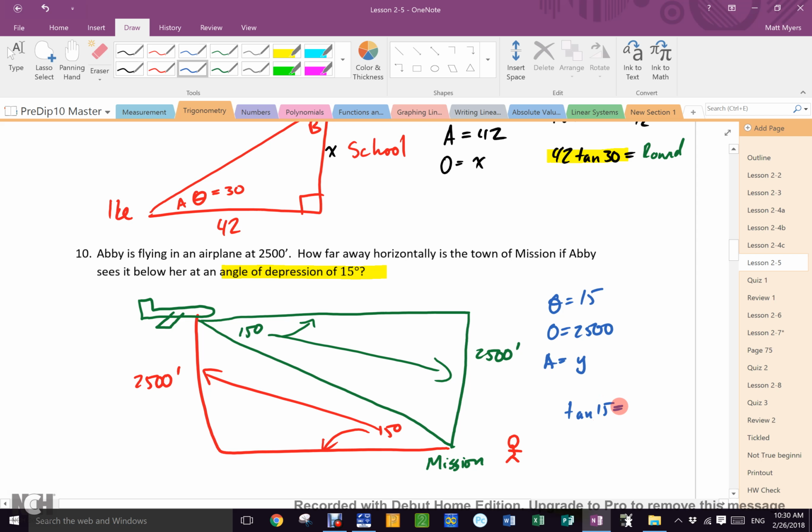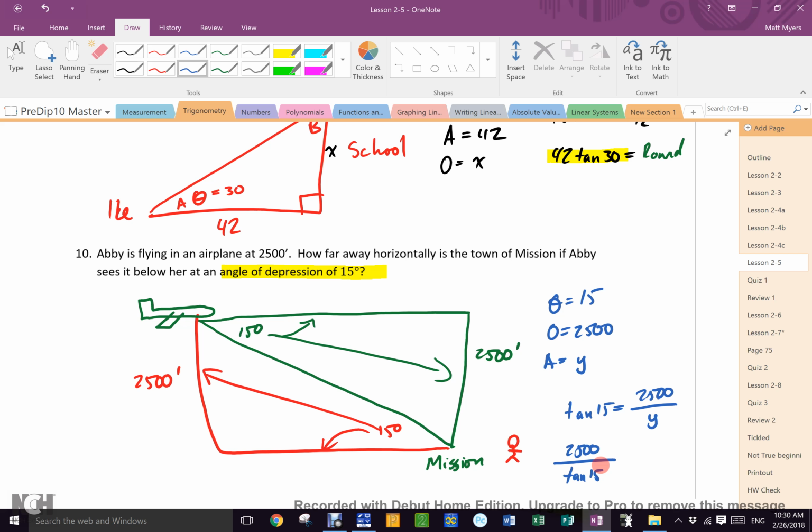Tan 15 equals O, 2,500, over Y. The unknown is in the denominator, so what math do we do? Division. 2,500 divided by tan 15. Hard to do on your calculator, especially if you have a backwards one, so please be careful. When you get an answer, make sure that it makes sense.